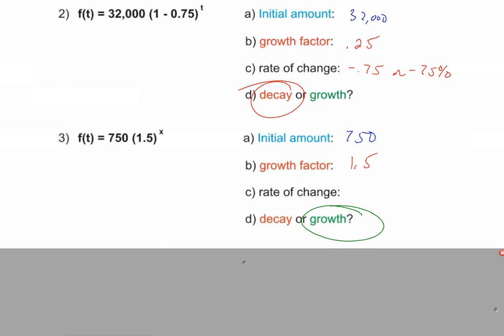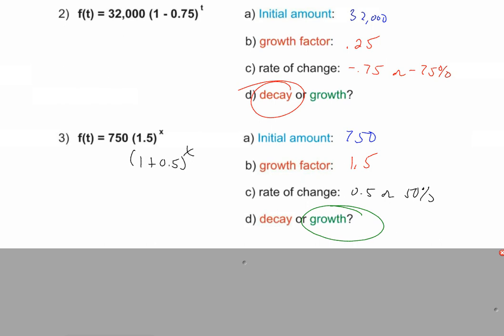Hopefully you're going to put 0.5, or 50%, because it's 1 plus r. How did you get 1.5? You must have added 0.5 to 1.